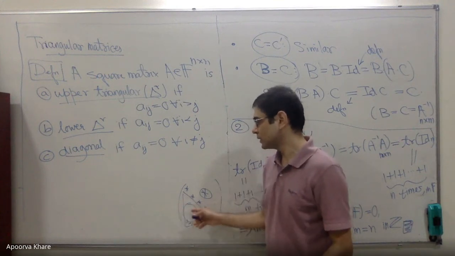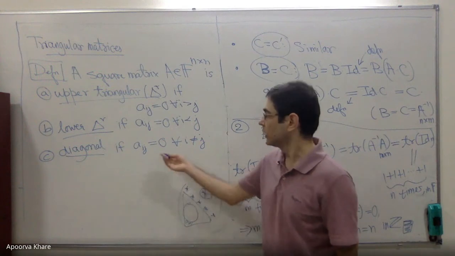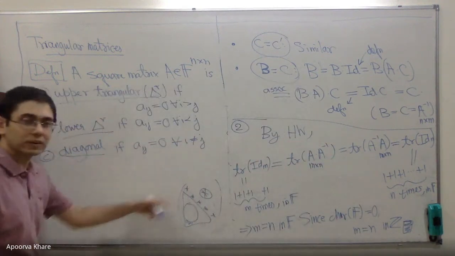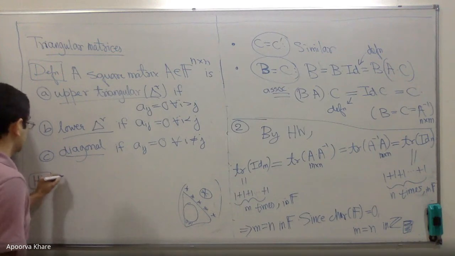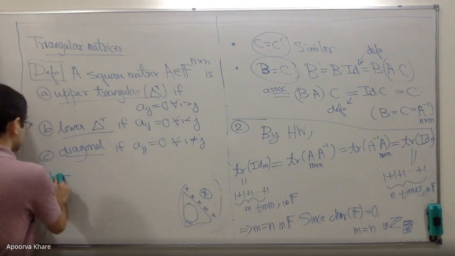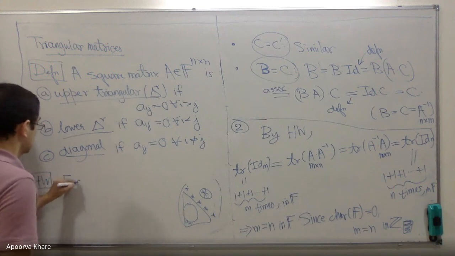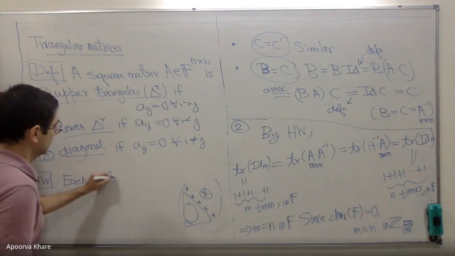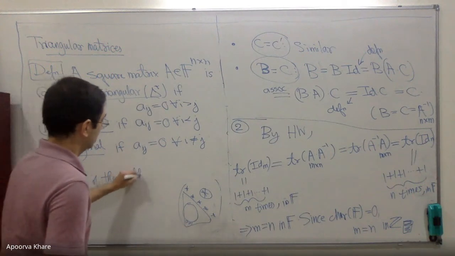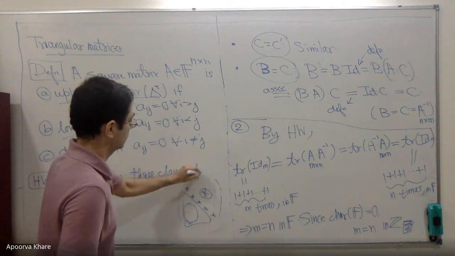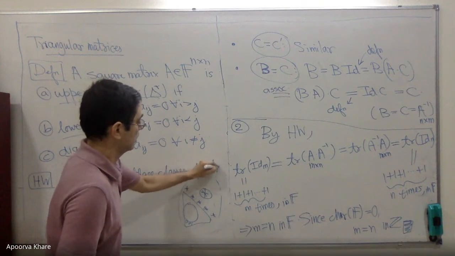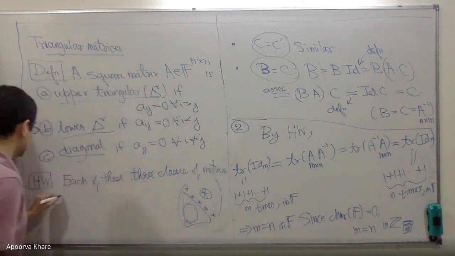You get 0 from this and 0 from this, so you get 0. So clearly, upper triangular, lower triangular, and even diagonal matrices are all closed under addition. So each of these three classes of matrices is closed under addition.